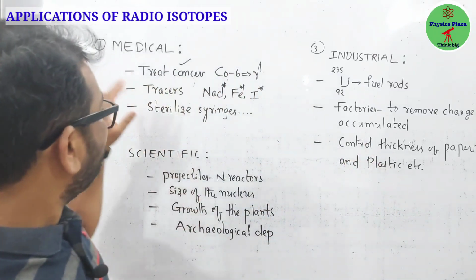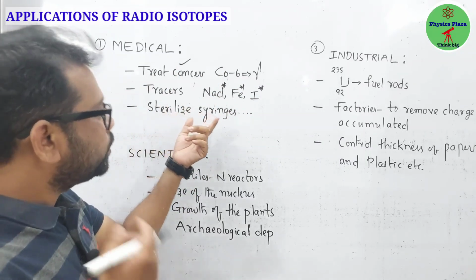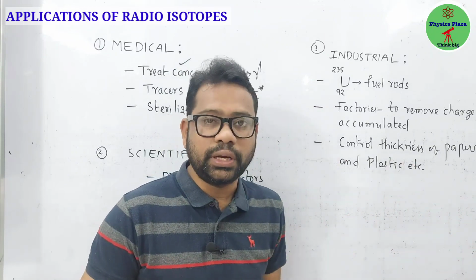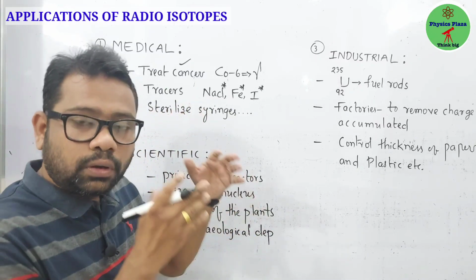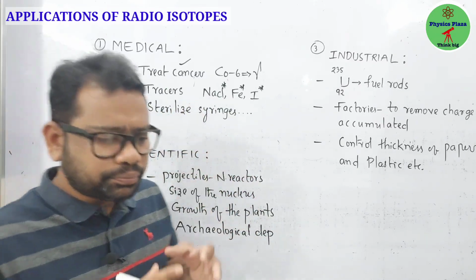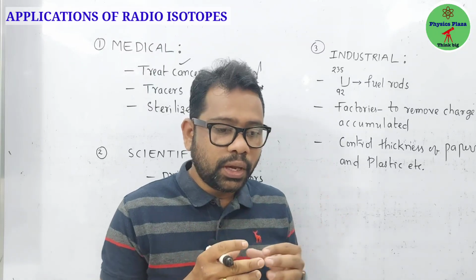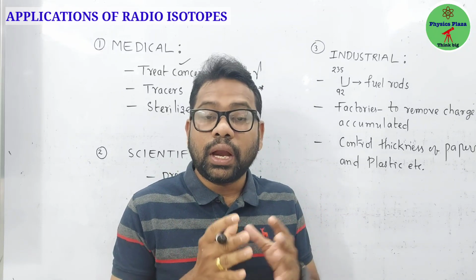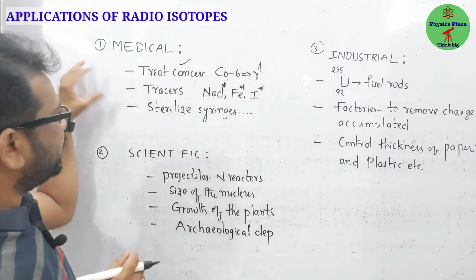For that reason we use gamma radiations to sterilize the syringes and other equipment related to the operation theater and medical field. The method we follow by using these radioisotopes is a very quick process, so it takes less time. It's a simple method and it's more reliable. So these are the medical field applications.